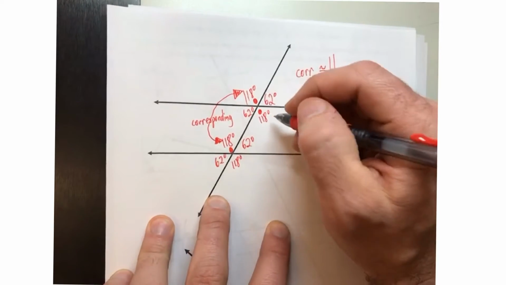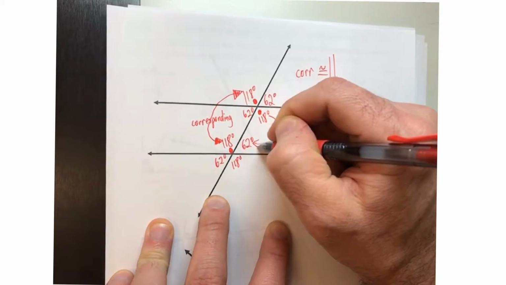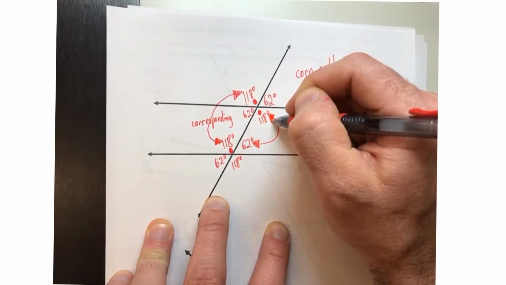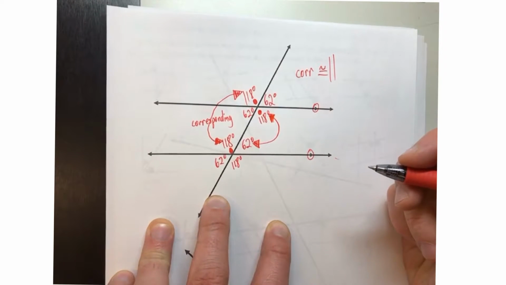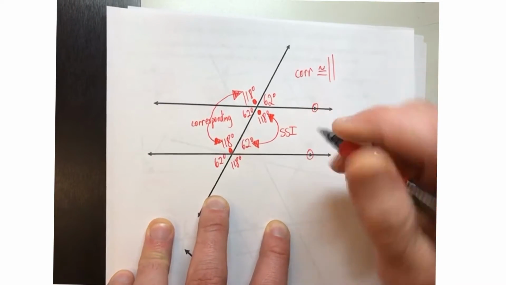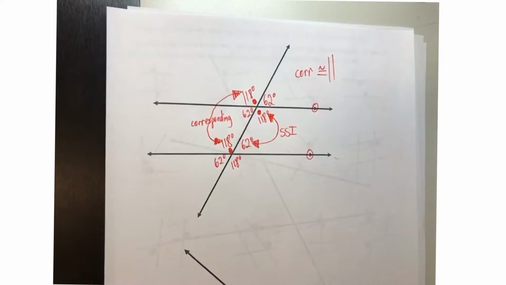Okay, next, let's think about this angle and this angle right here. What type of angle pair are those? Same side interior. Good. Now, are those two angles equal? No. But there is something special going on with those two.